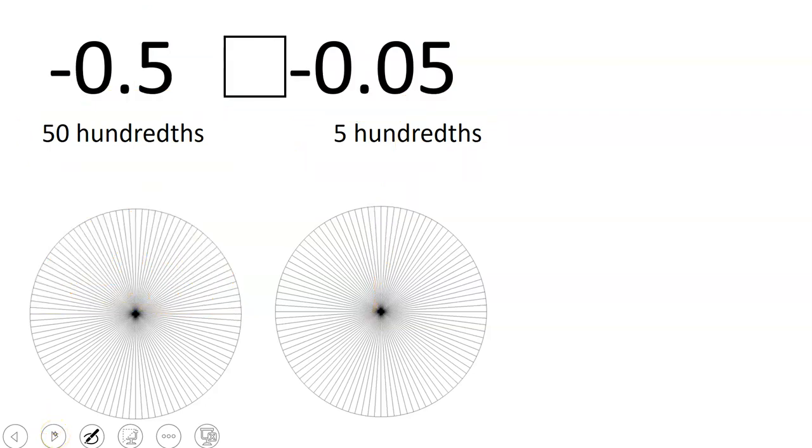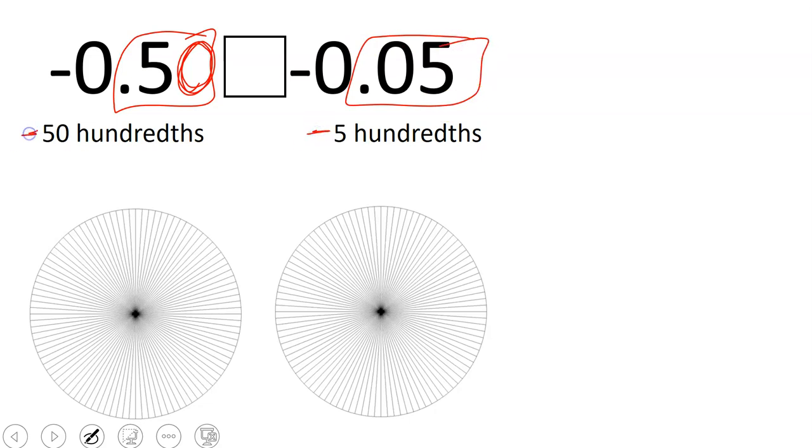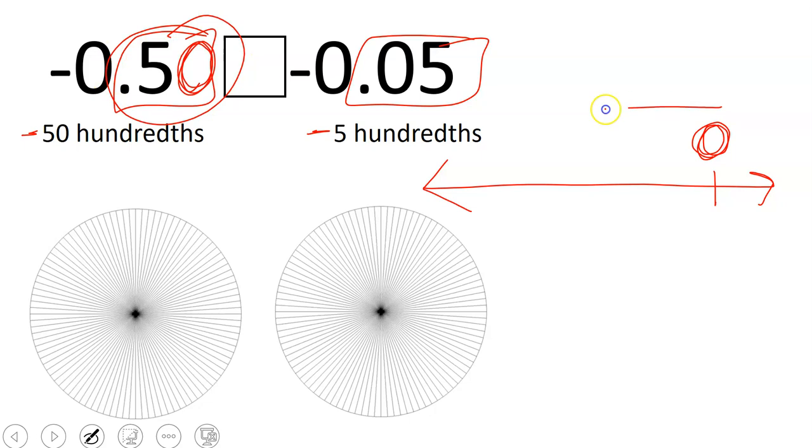Okay, now we're comparing this in negative form. So I want to start by using my trick and adding a 0, and now we're comparing basically negative 50 hundredths to negative 5 hundredths. I'm going to put a little negative sign in front of what I wrote. So negative 50 hundredths compared to negative 5 hundredths. Think about it like this on a number line. If this is where 0 is, this is negative 50 hundredths, so it's further to the left.